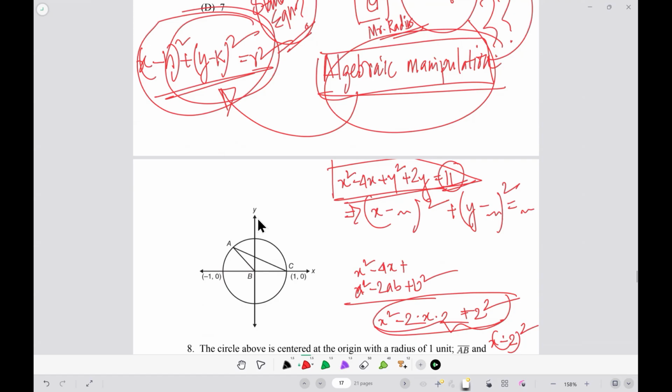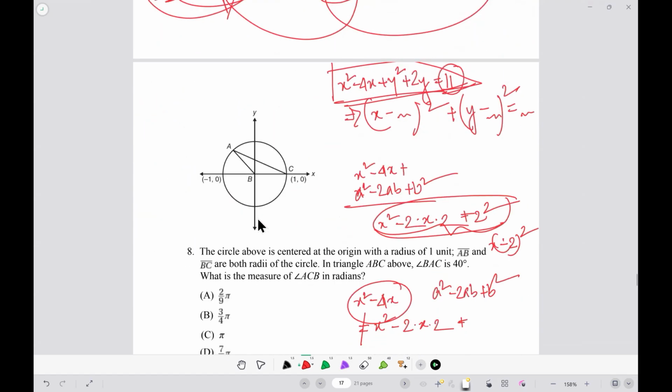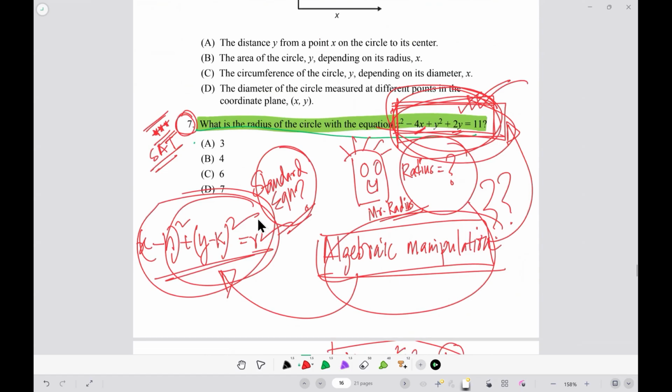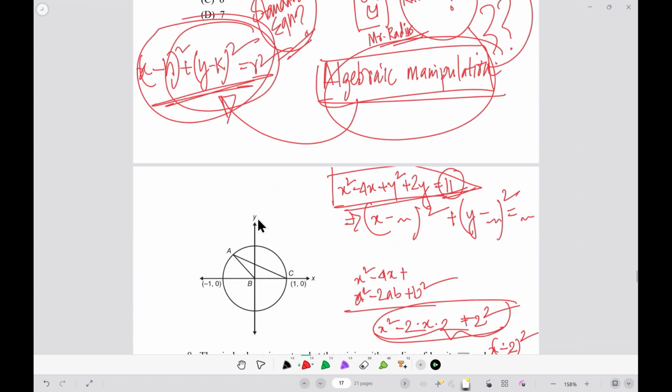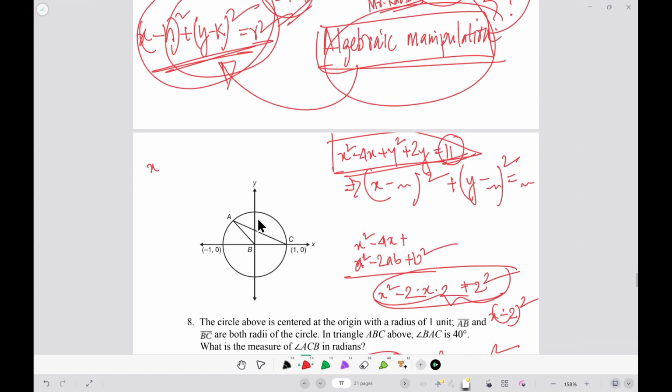Okay, so we are asked that we need to make this equation look like this type of equation, and to do that we need to do the algebraic manipulation. We need to make the equation look like x minus something whole squared plus y minus something whole squared equals something squared, right?